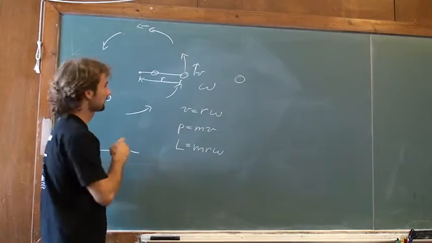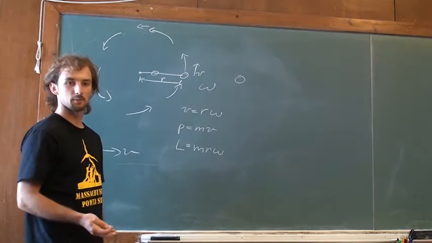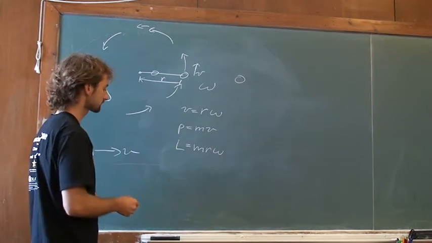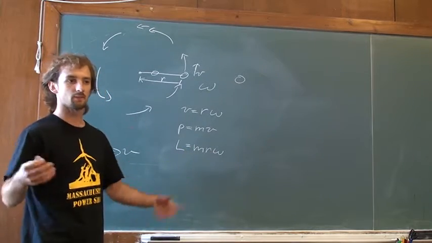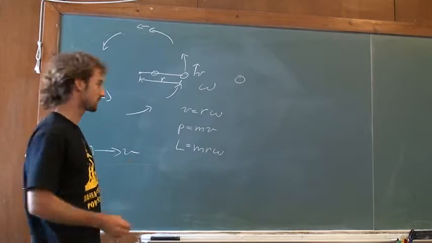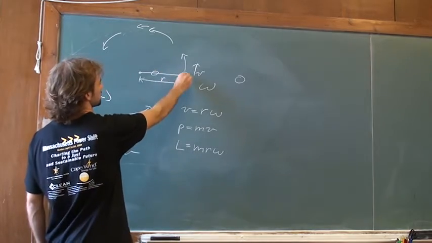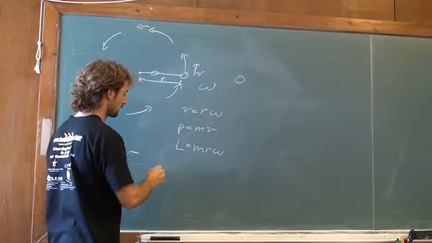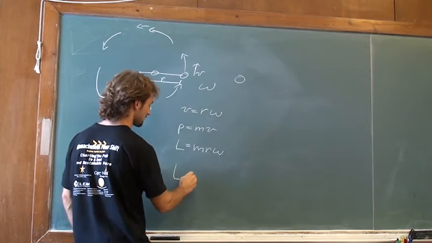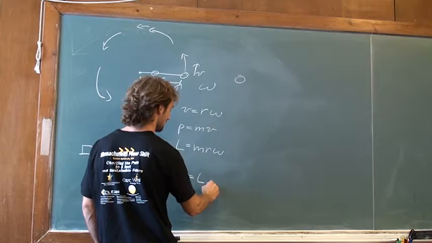So there's this idea that angular momentum is conserved. So if I'm spinning freely and there's no forces on me, angular momentum isn't going to change. But I could change the radius of this point mass if I wanted to. And in that case, I'd use the equation L1 equals L2.